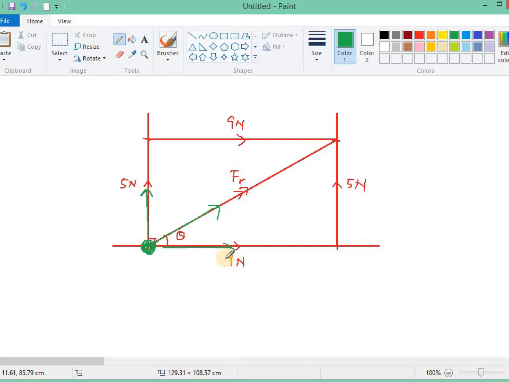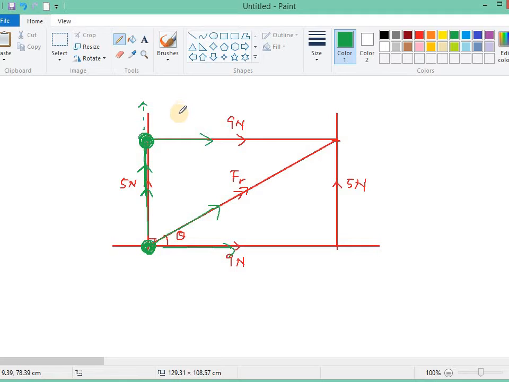Now let's say that the object is here. If the object is here, that means it's being pulled by 9 Newton and being pushed by 5 Newton. That means 5 Newton pushes this object up, 9 Newton pulls this object to the right.